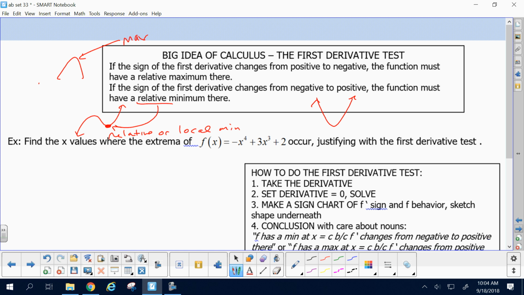All right? So, find the x values where the extrema of the function occur. Now, the extrema is min or max, the extreme values, justifying with the first derivative test. First thing you have to do is take the derivative. What's the first derivative?